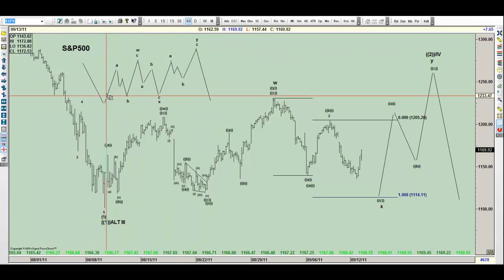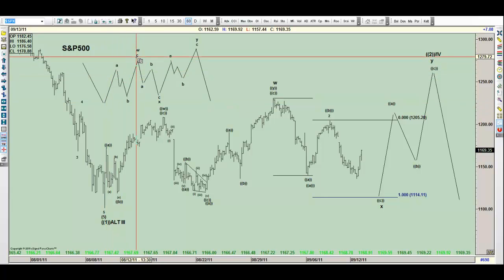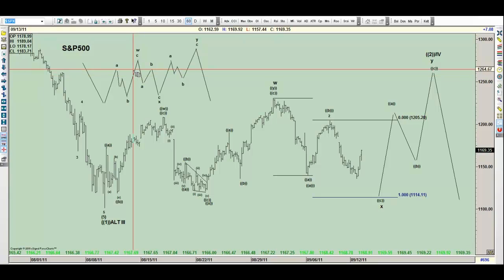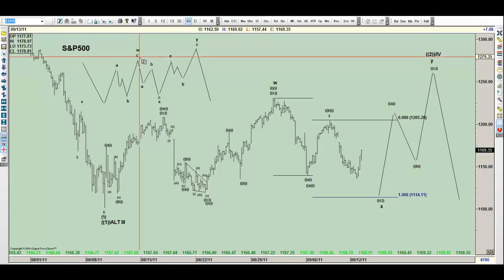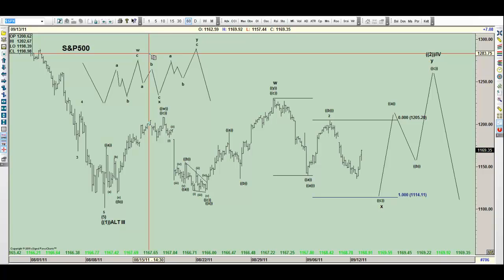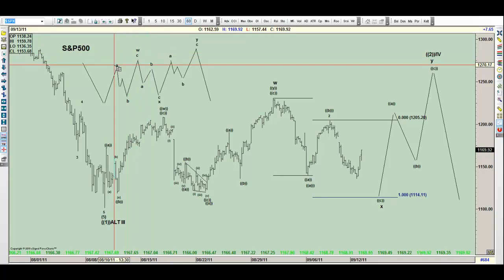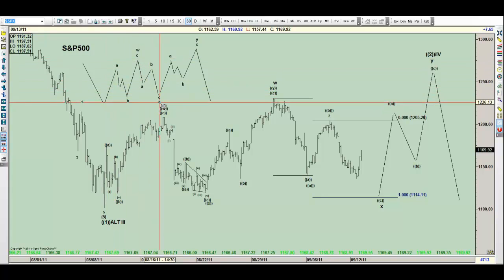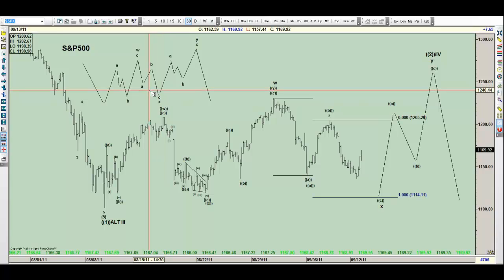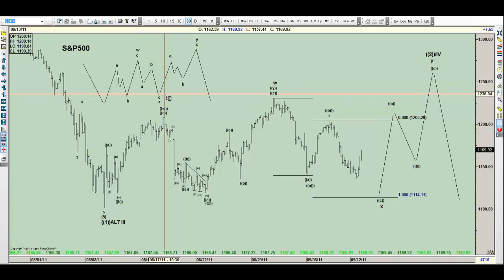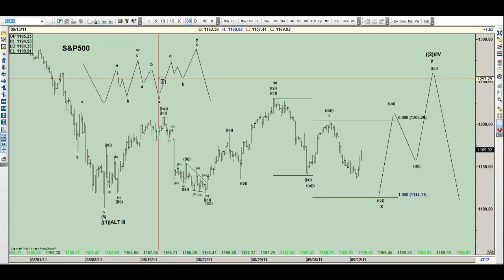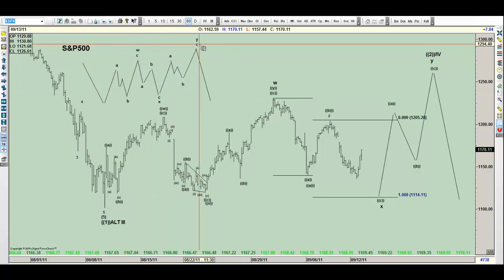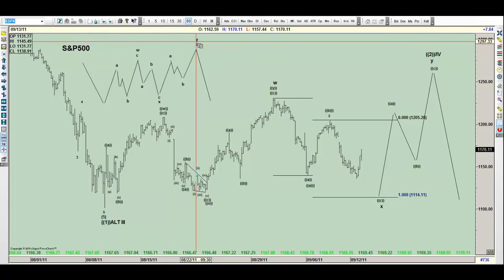How are they related? A, B needs to be the 50%, the 61.8%, or the 76.4% of A. C needs to be the 61.8%, the 1.236, or the 1.618, or equal to the A leg. The X wave needs to be the 50%, the 61.8%, or the 76.4% of W. And then you have Y. How is Y related?